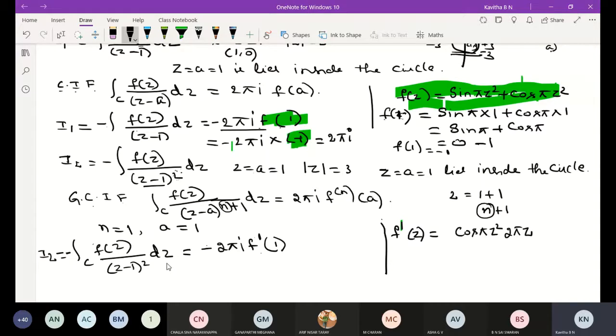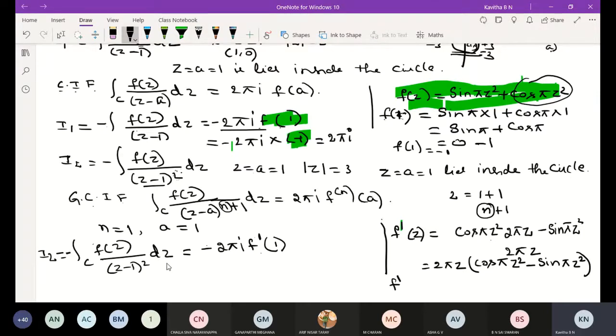Then the differentiation of cos pi z square is minus sin pi z square into 2 pi z. Take 2 pi z common. Remaining is cos pi z square minus sin pi z square.